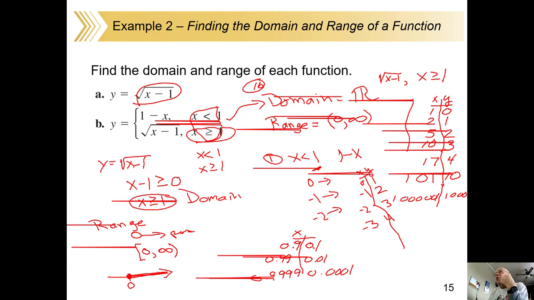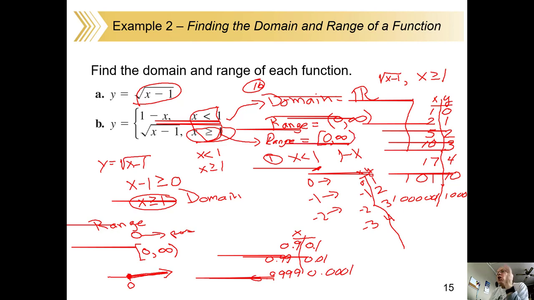At the lower end, I have 0. At the top end, infinity. So for the second part, the range starts at 0 because it's exactly 0, and goes to positive infinity.